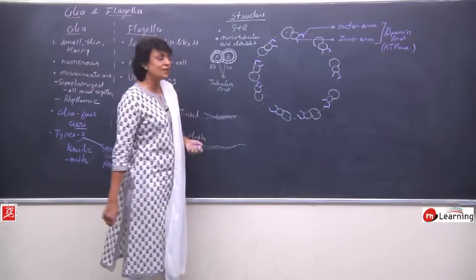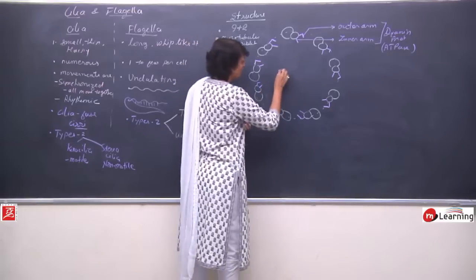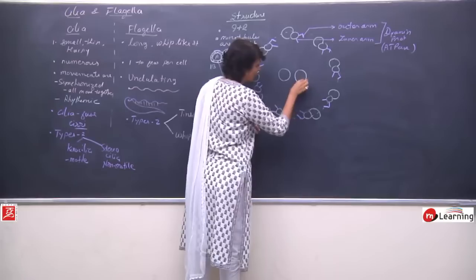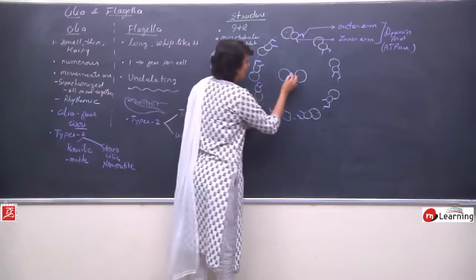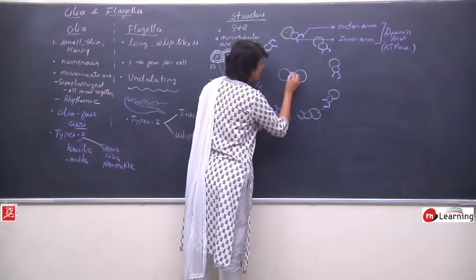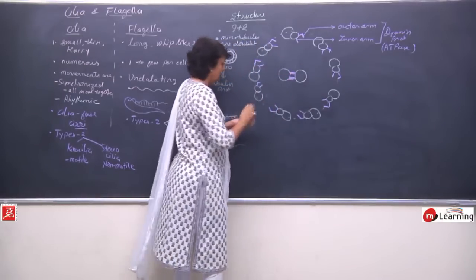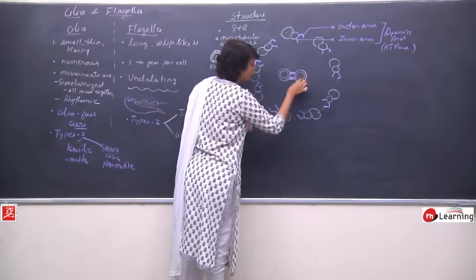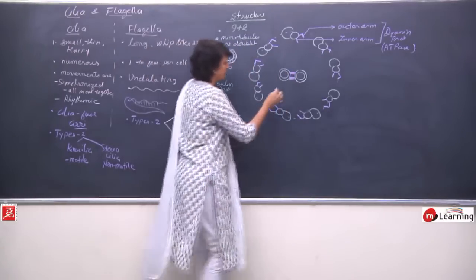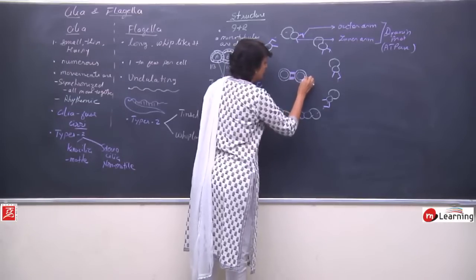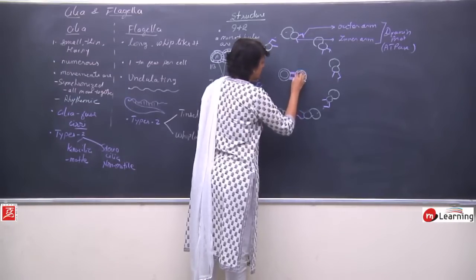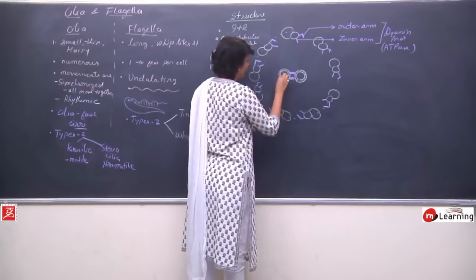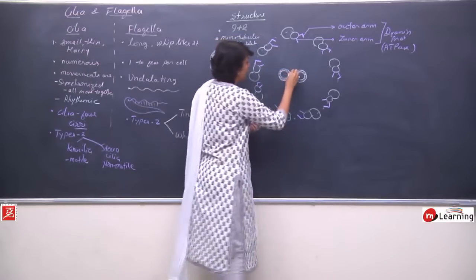Let us come to these central two. So, there are two microtubules in the middle, and these two are connected by two cross bridges. These are also made up of tubulin protein. And these cross bridges.